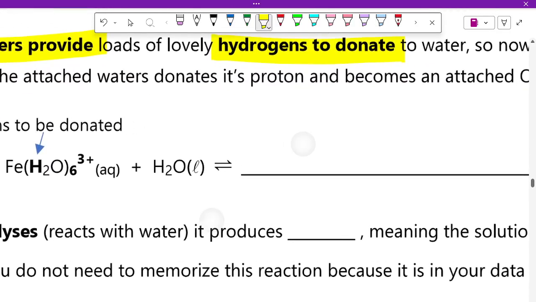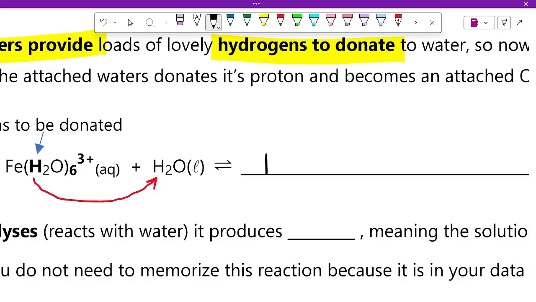So although you can just look this up on your table, let's practice doing it. Let's take this hydrogen here and move it over here. So as our product, we will have Fe. After a hydrogen moves, how many waters do we have left? We had 6 waters. Now we only have 5 waters.